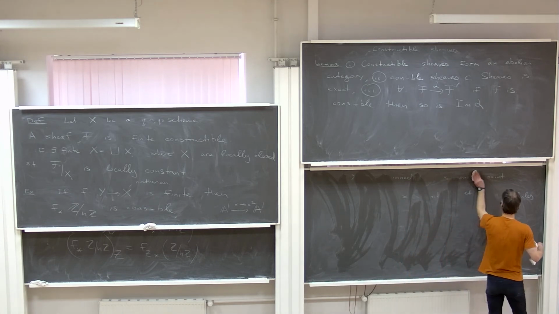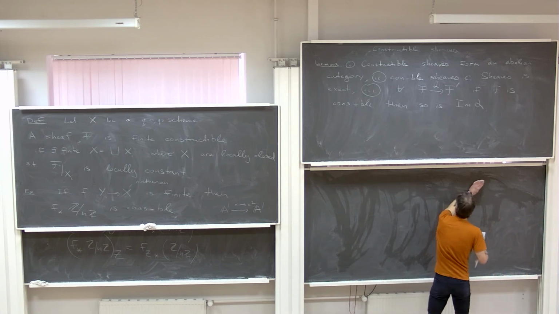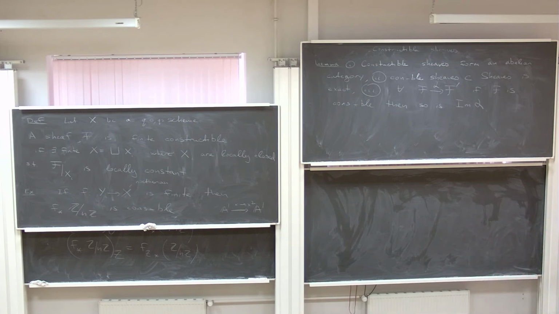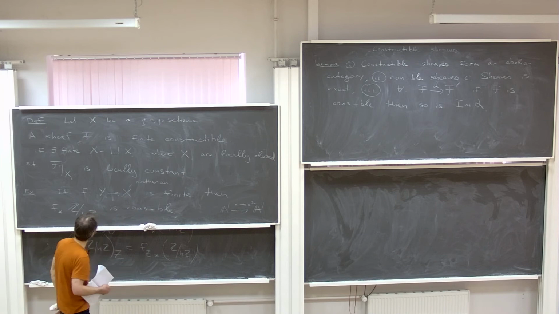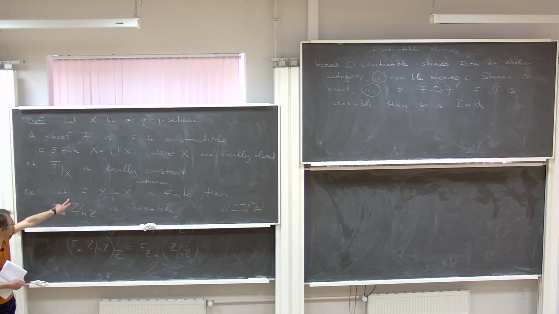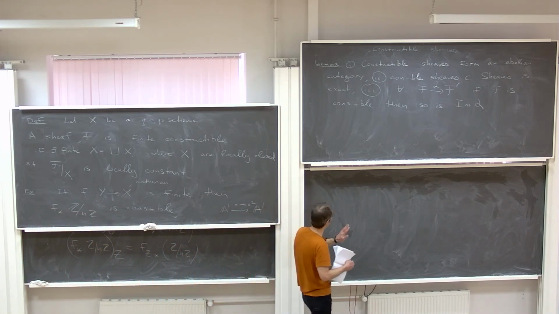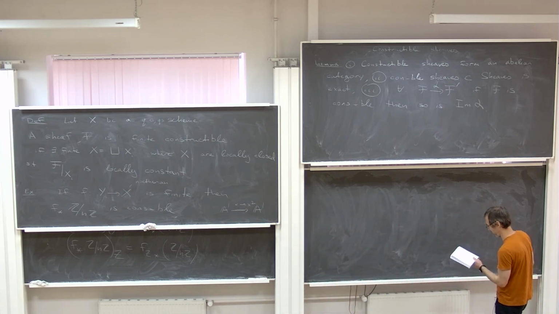Ultimately, I want to prove that the category of constructible sheaves is preserved under all operations with sheaves that we had, namely the direct image and the inverse image. Well, the statement for the inverse image is trivial, but for the direct image, it really requires a lot of work. So today I will do an easy part of this.